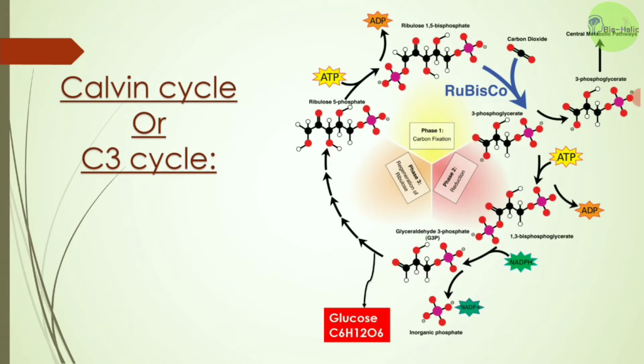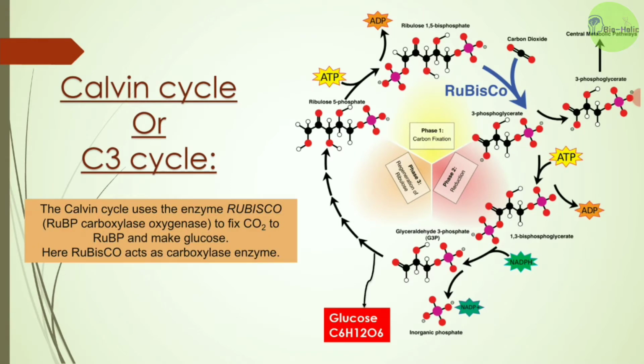In previous parts, we have learned the C3 or Calvin cycle, where we learned about the Rubisco enzyme that shows carboxylase activity. But the full form of Rubisco is RuBP, that is ribulose 1,5-bisphosphate carboxylase oxygenase. So it has both carboxylase and oxygenase activity.